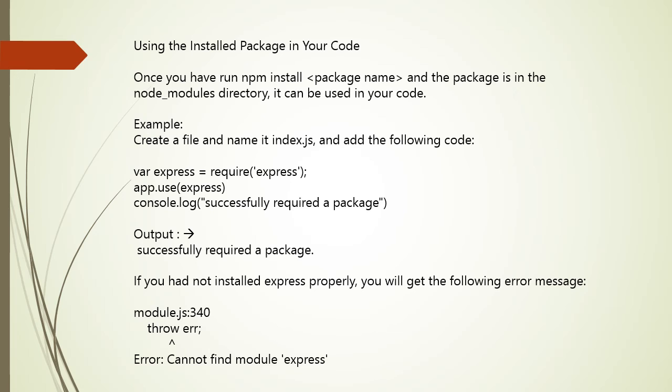For example, create a file and name it index.js and then add the following code: var express = require('express'); app.use(express); console.log('successfully required a package'). Now when you run the code, you should get the output: successfully required a package.